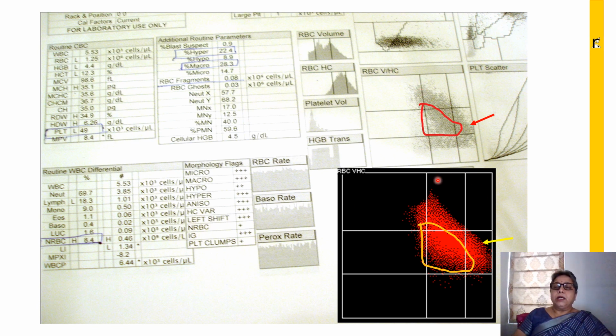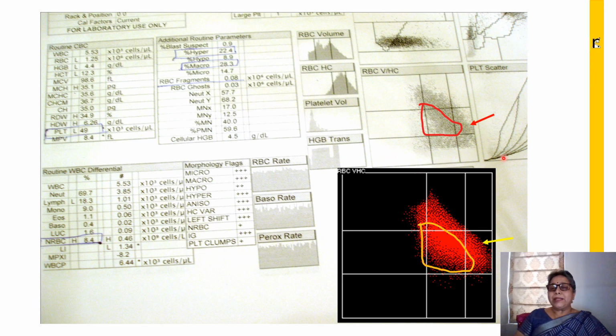So in this scatter, we don't strictly have macrocytic anemia, but we do have the presence of macrocytosis, probably because of the presence of reticulocytosis.